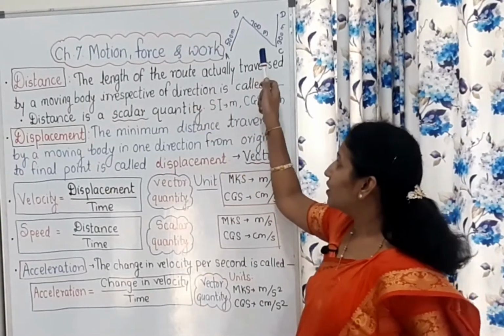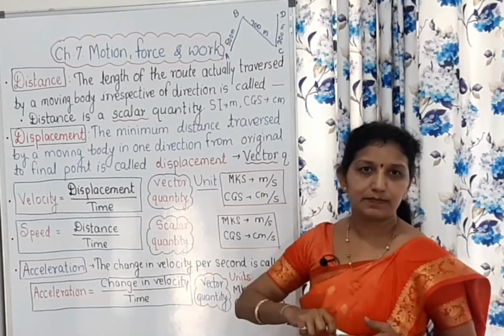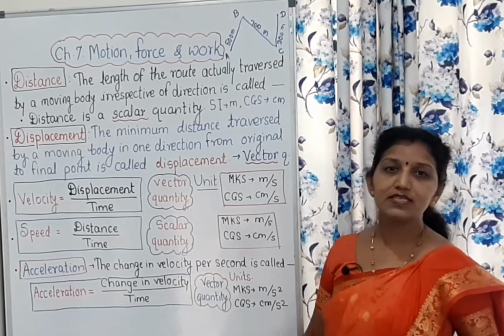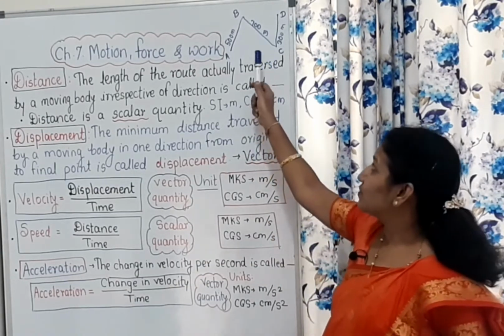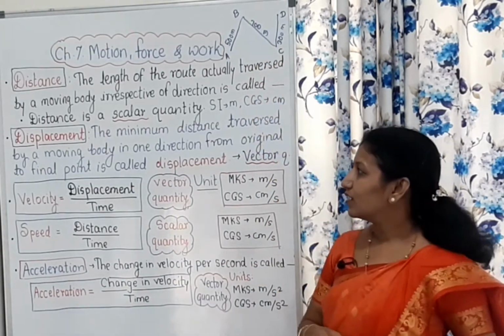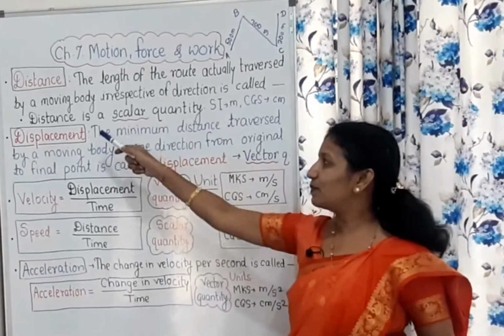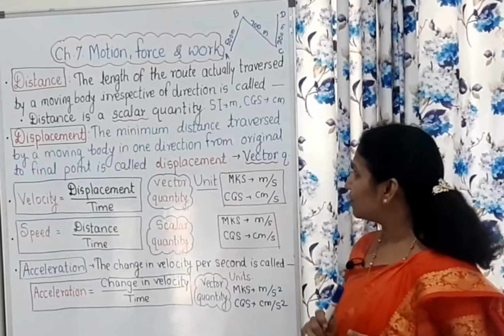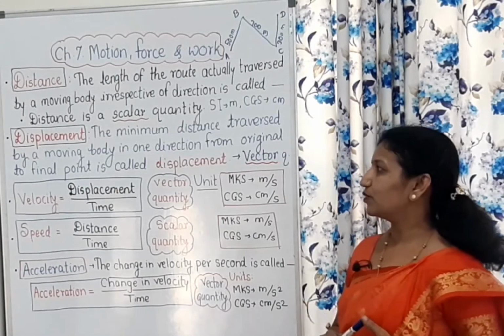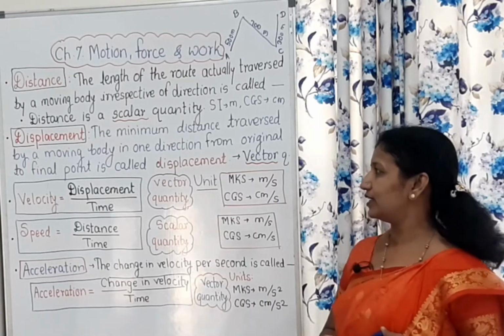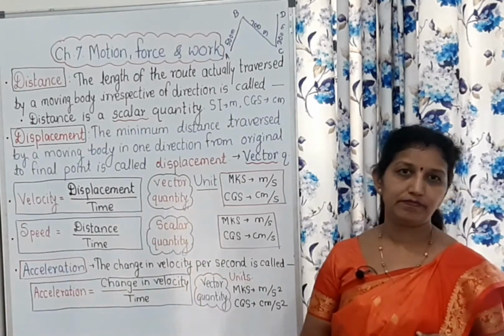So, we have seen what is distance. Krishna has to travel 1500 meters from A to D. But now we will turn to displacement. The minimum distance traversed by a moving body in one direction from the original to the final point is called displacement.